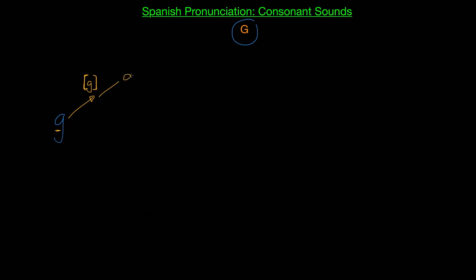One is in front of a, so this will be ga. An example of this is in the word gato, which is the Spanish for cat, sorry, not cake, cat, gato. Another case is go, in front of o, as in, for example, gorra, which means cap, what you wear on your head.